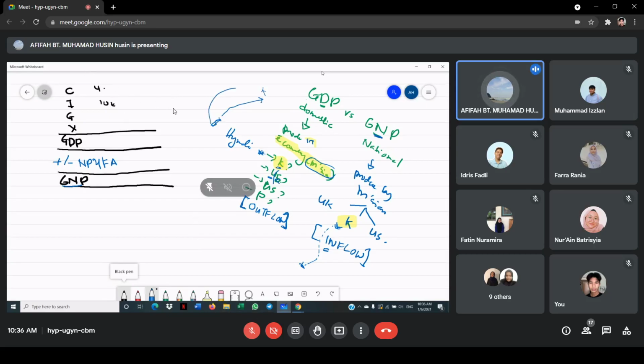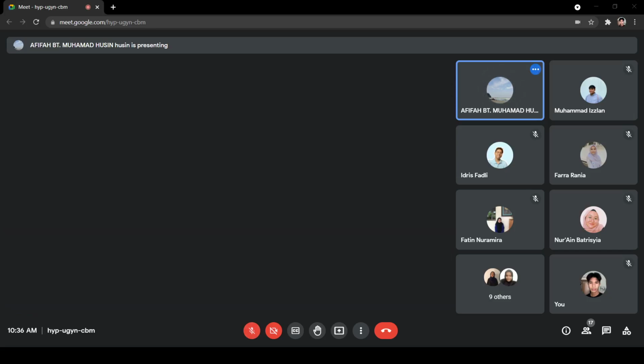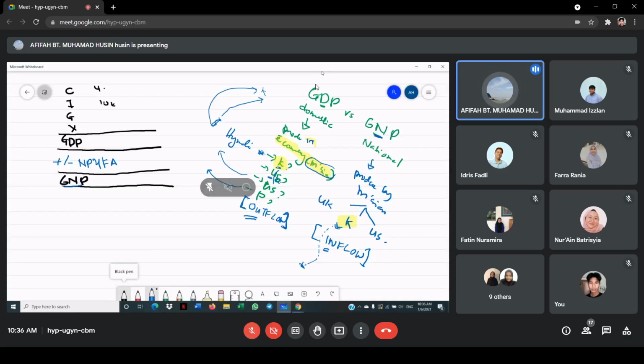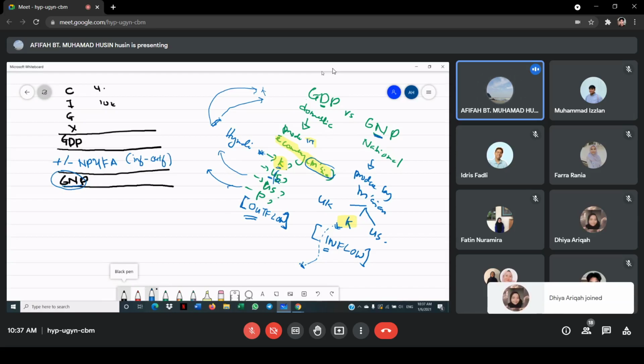So when the money goes back to Korea, back to the US, back to France, when money goes out, it is outflow. When money comes in, it is inflow. So to calculate GNP, it is inflow minus outflow. Are you with me, class? The total of that will give us GNP. Any questions?